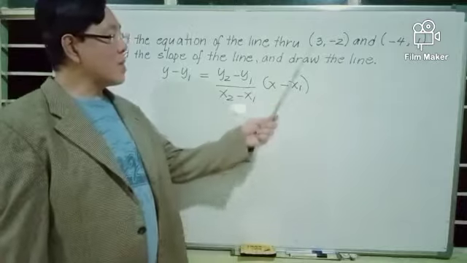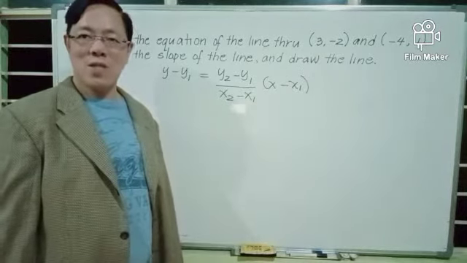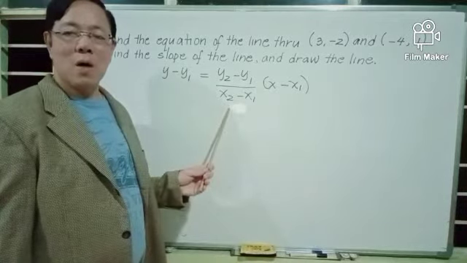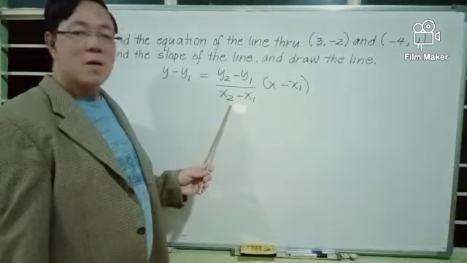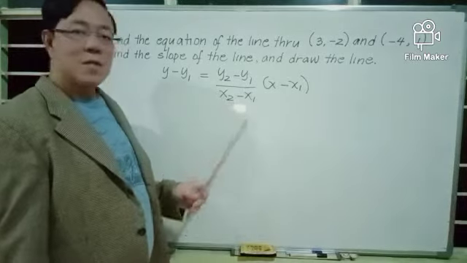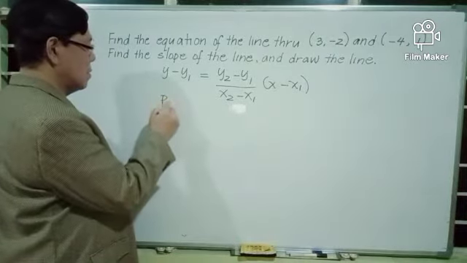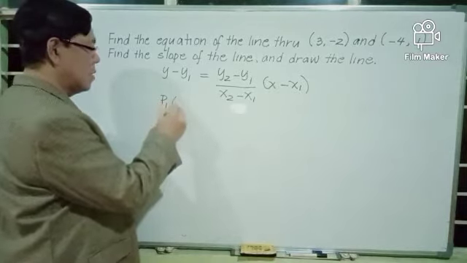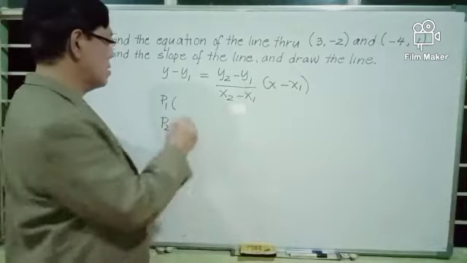If you are given 2 points on the line and you are asked to find the equation of the line, use this two-point form of equation of the line. And the 2 points are denoted by P1 and P2. The first point has coordinates x1, y1.